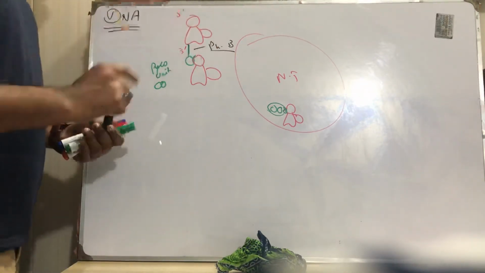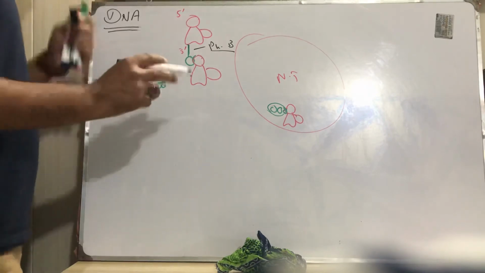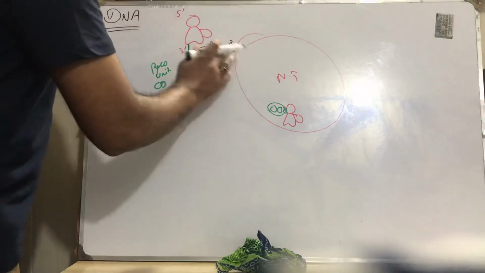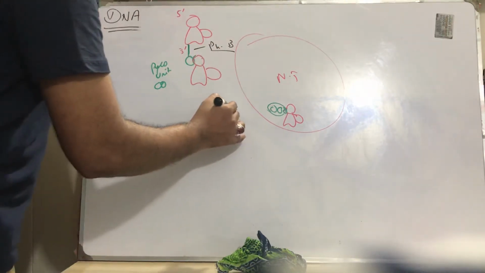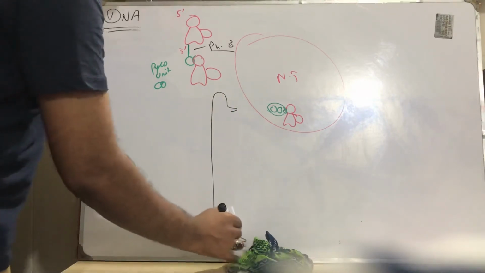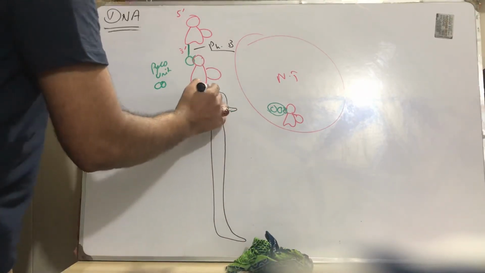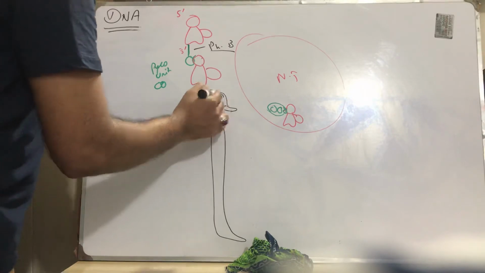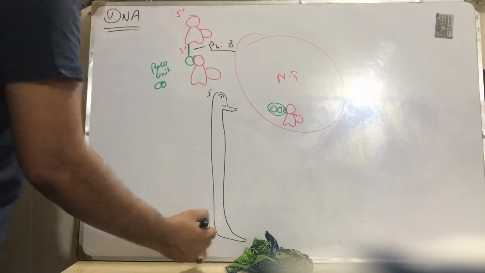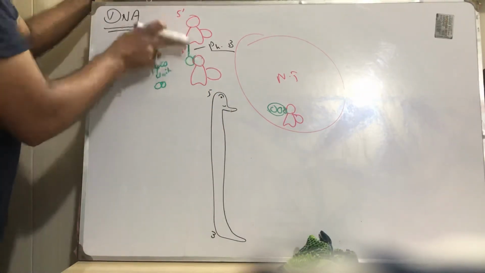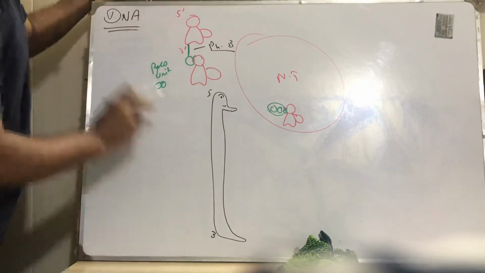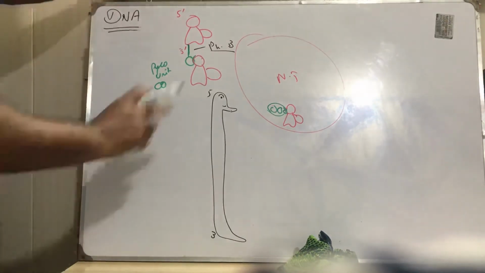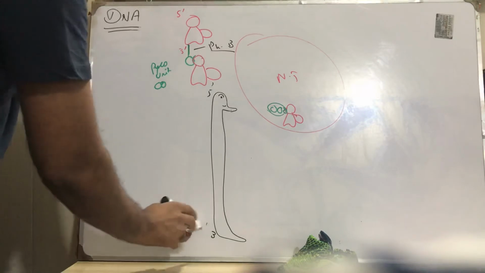So one rule you must know is about enzymes. Suppose this is the 5' end and this one is the 3' end. If we put these nucleotides together, we get the long strand of the DNA. So here is the 5' end, here is the 3' end.